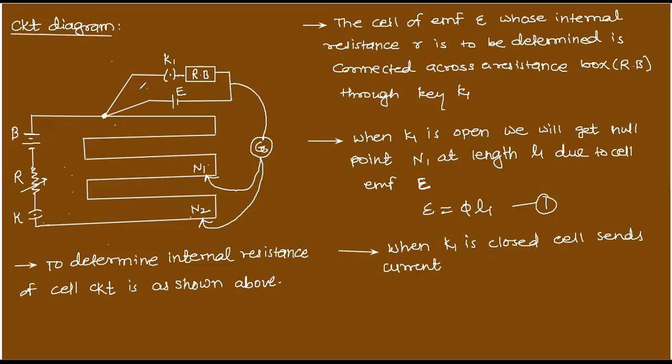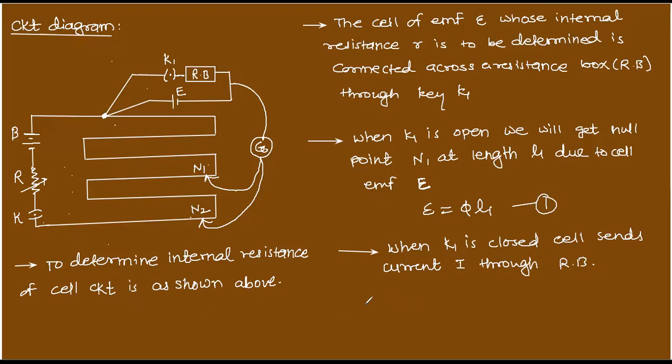Because see here, when this is closed, current will flow through this also. Cell sends current I through resistance box. So this is RB.